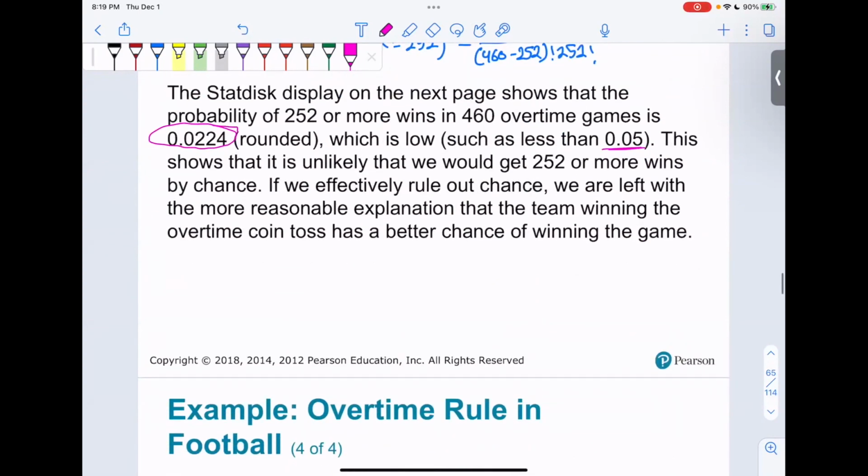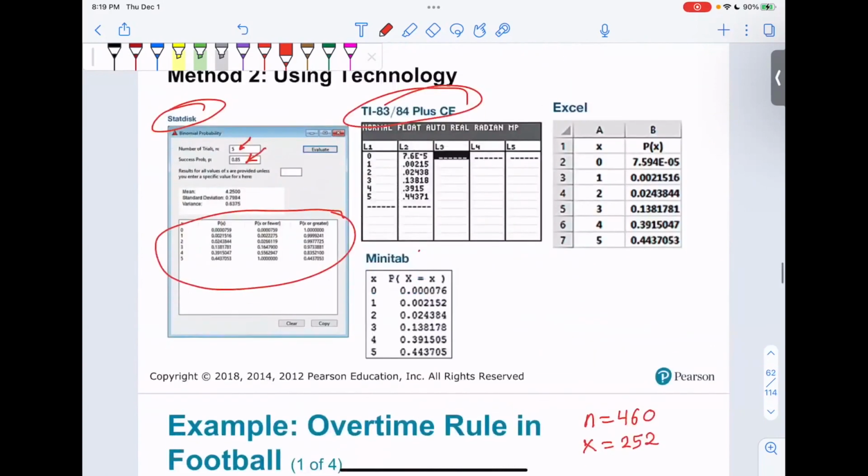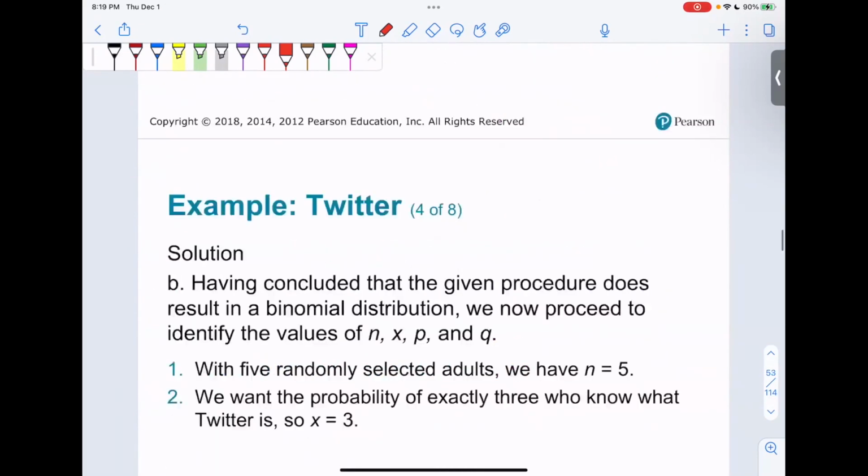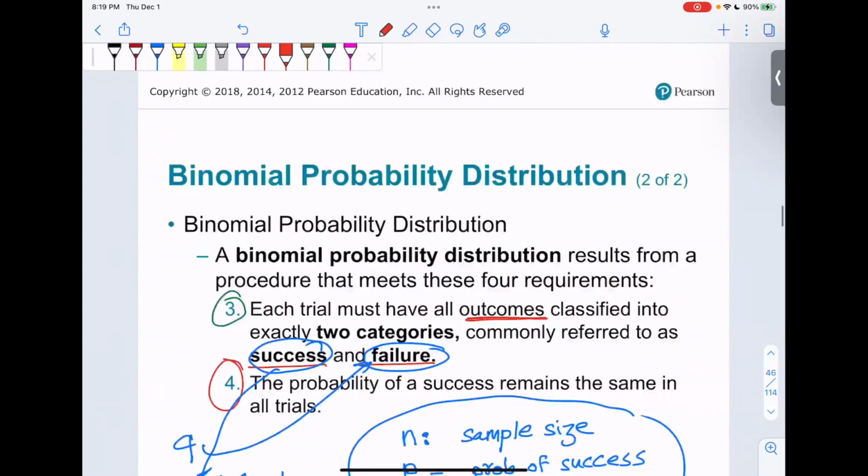So we did say if the probability of X greater than or equal to 252 is less than 0.05, then X is a high number of successes. Let's go back to the definition here, just to make sure.